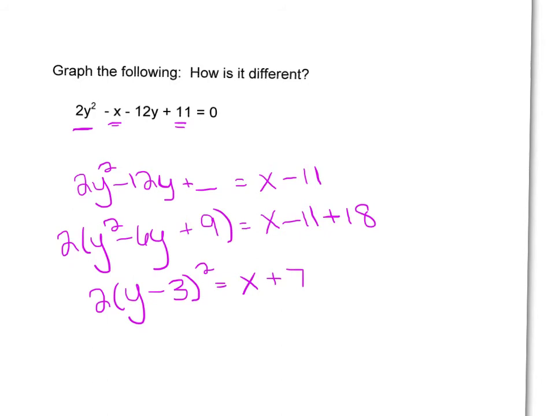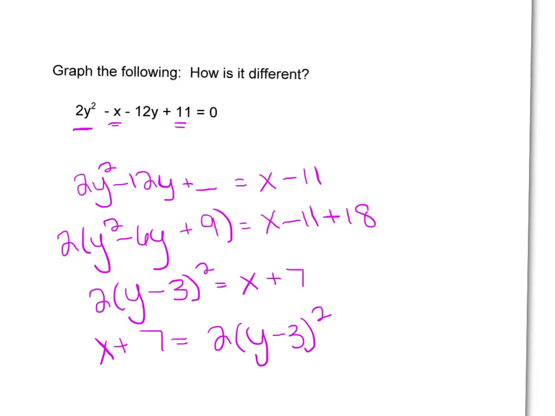So now it may freak people out a little bit, because when we looked at the up down, with the ax squared term, the squared term was after. So if you want to rewrite it, x plus 7 equals 2 times y minus 3 squared, that's fine. Whatever makes you happy is fine with me. So how is this different?